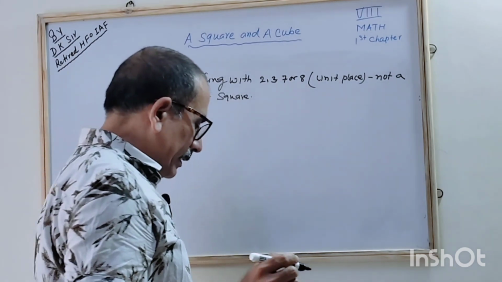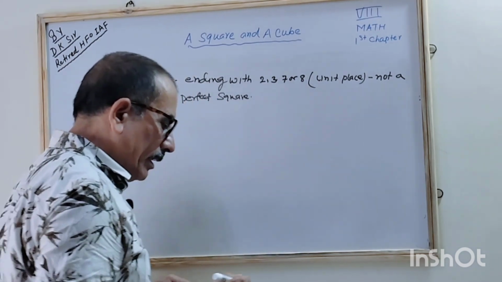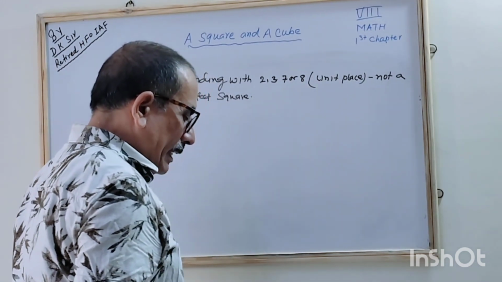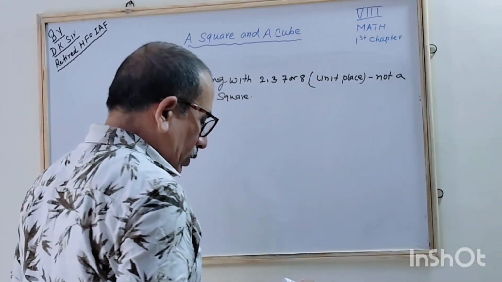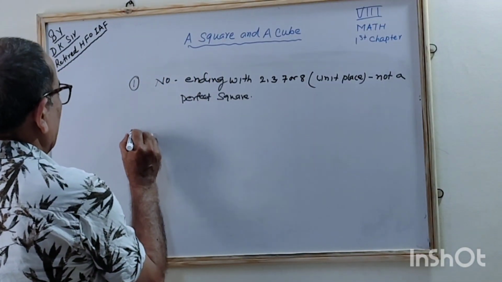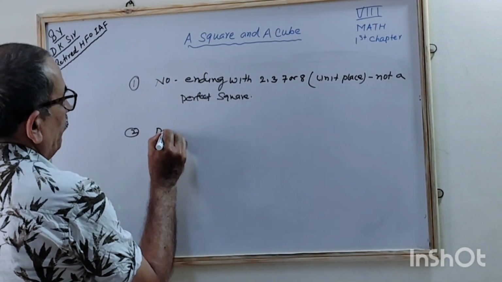The second: a perfect square followed by zeros in pairs will also be a perfect square.